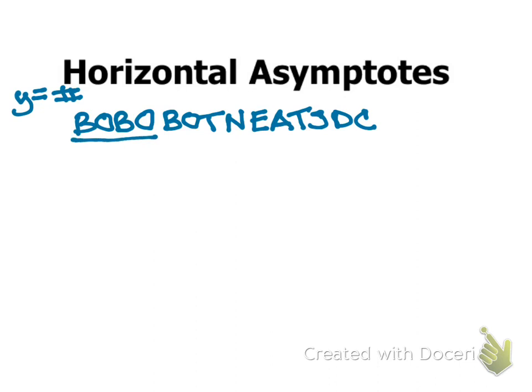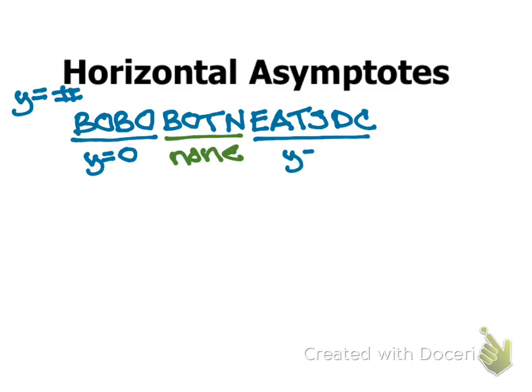The Bobo is bigger on bottom, gives you y equals 0. The Botten is bigger on top, none. And the eats DC is if the exponents are the same, we're going to divide the coefficients.